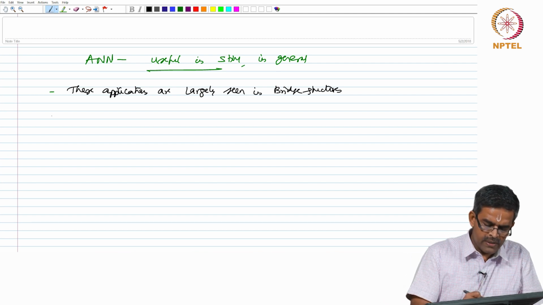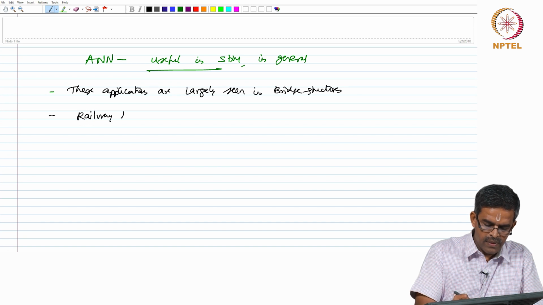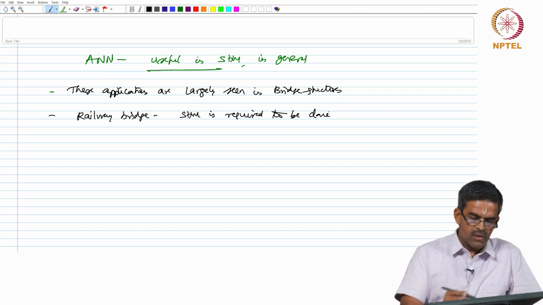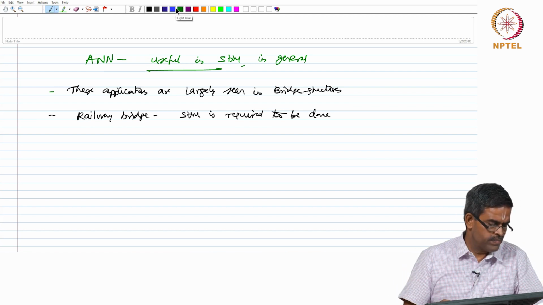For example, let us take a railway bridge whose health monitoring is required. The steps could be very simple.